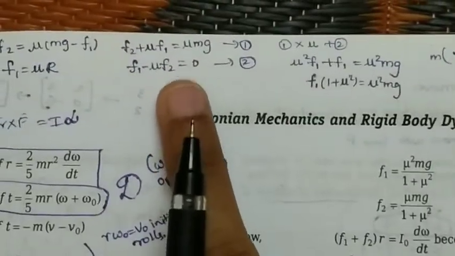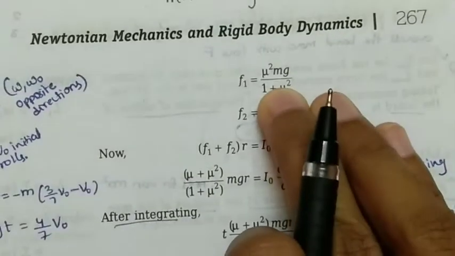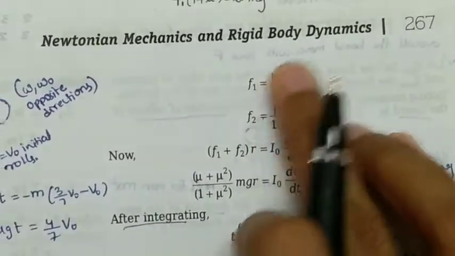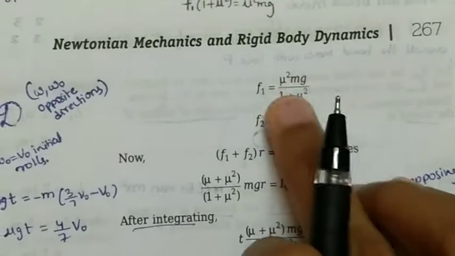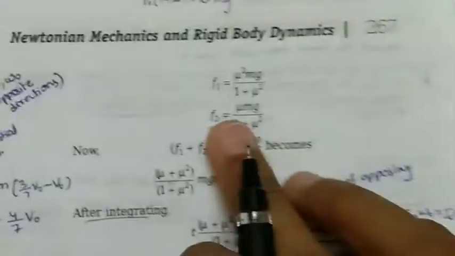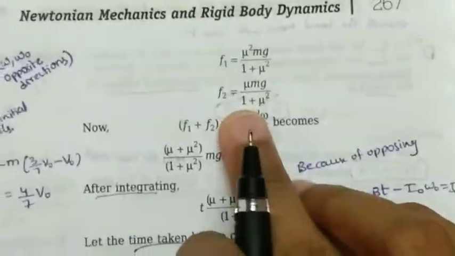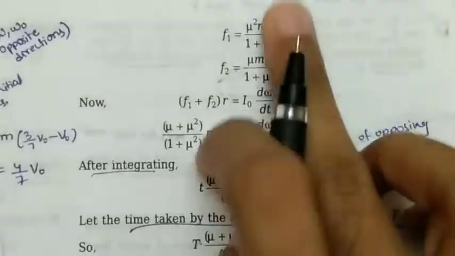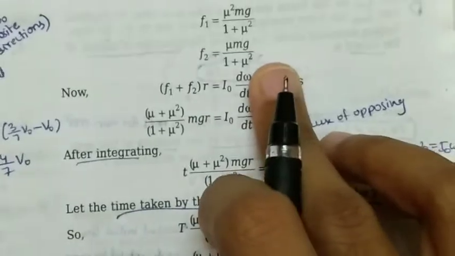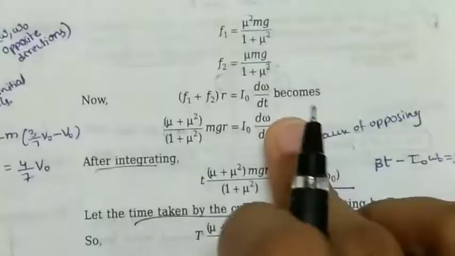Dividing this entire thing by mu, we get mu mg by 1 plus mu square, because F1 is mu F2. So finally we have found F1 and F2.